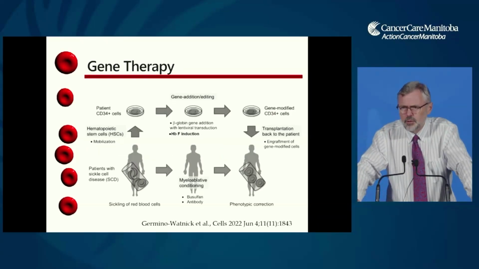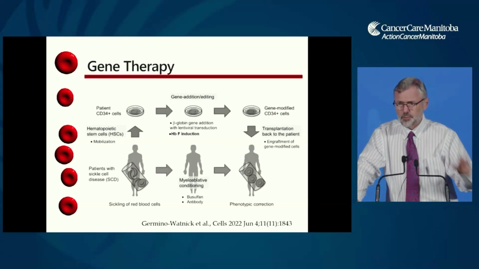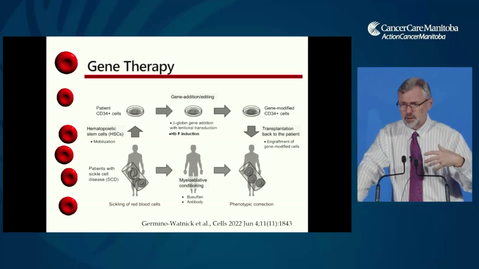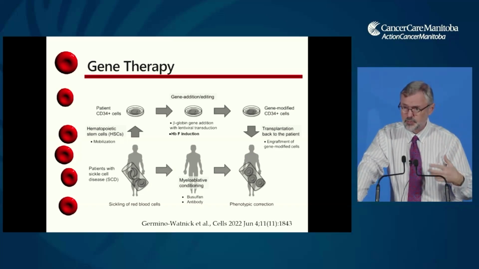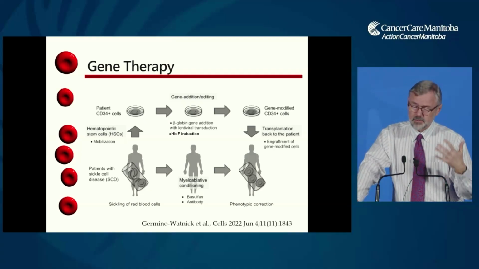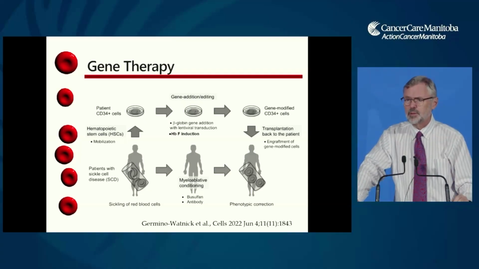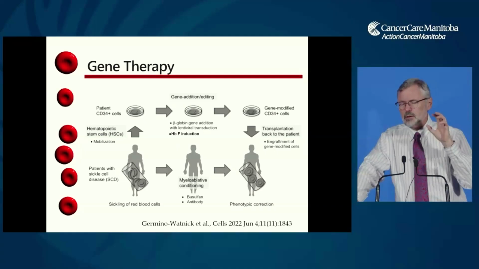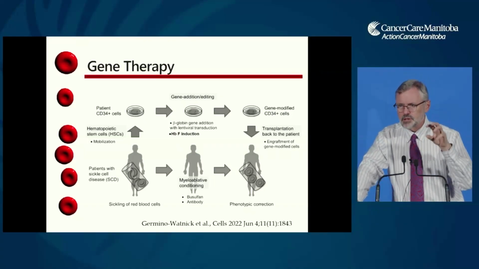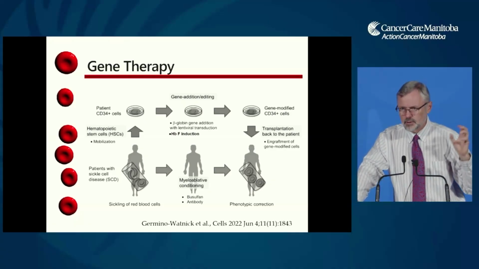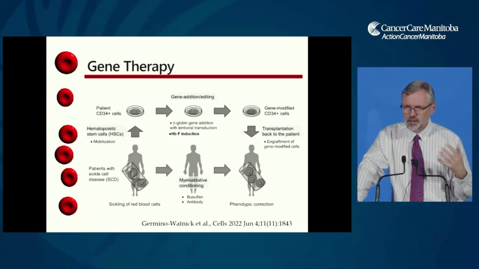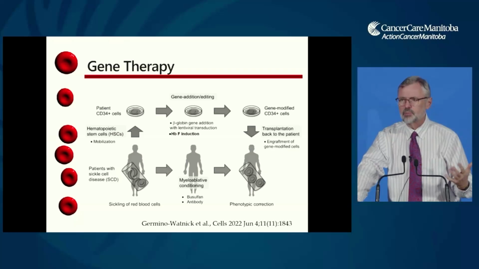So for gene therapy, you start with the patient, you have to mobilize and harvest their stem cells. We actually can collect them from the peripheral blood, but that can be challenging to get enough of them. In the laboratory, we then modify the patient's stem cells. Meantime, we are giving the patient very high dose chemotherapy to clear out their bone marrow.